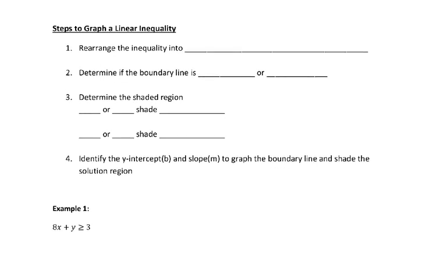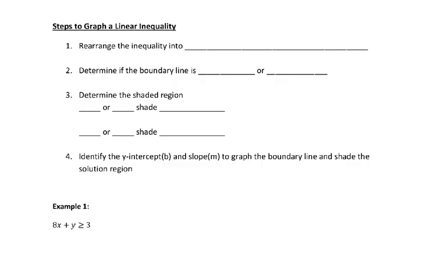Okay, so let's look at how we actually do this. So first thing we're going to do is we're going to rearrange the inequality into y equals mx plus b. Sometimes it's already in that format, so if that is the case, then great, you just go to step 2. If not, you first rearrange it. Then we're going to determine if the boundary line is solid or dashed.